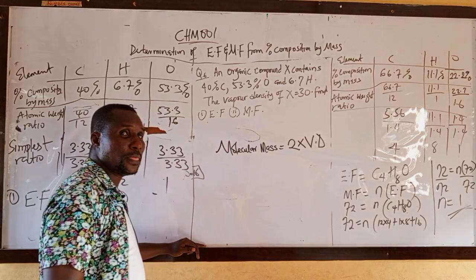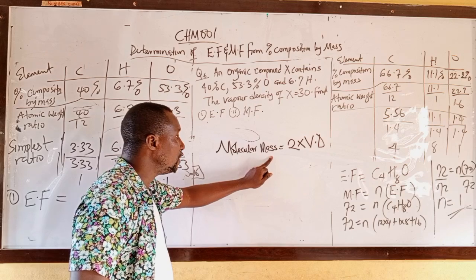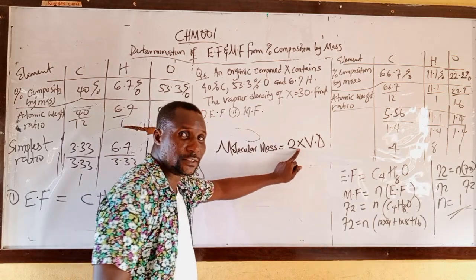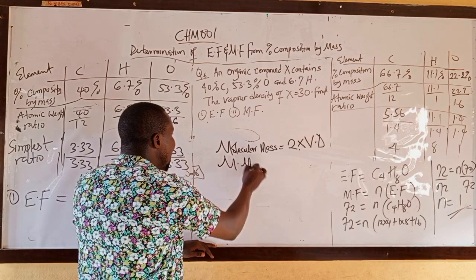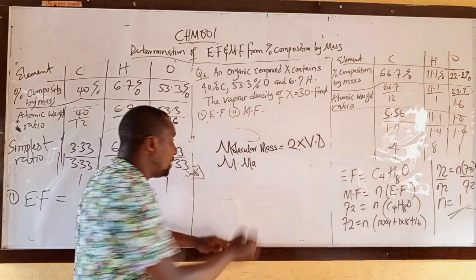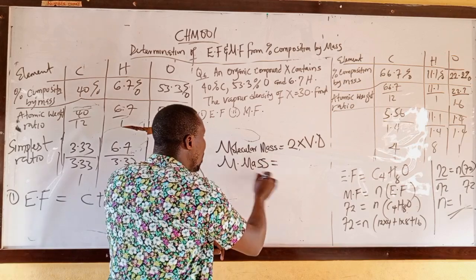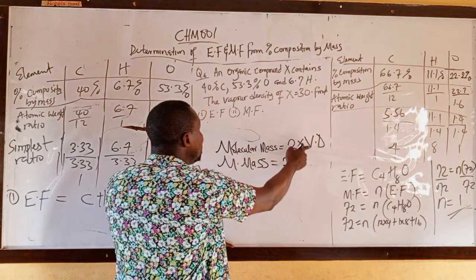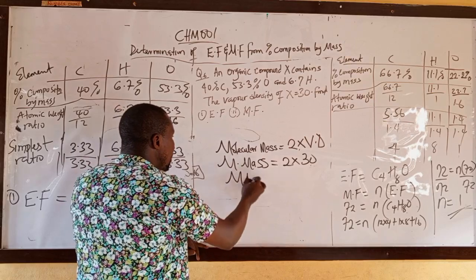Take note of this: the molecular mass of a compound equals twice the vapor density. Molecular mass equals 2 times 30.